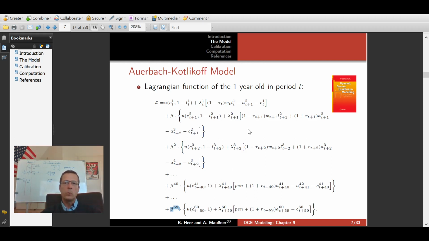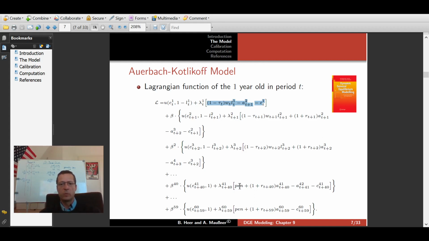Now, in each period, we also have a budget constraint, and the Lagrange multiplier of this budget constraint is denoted by lambda s,t for the s-year-old in period t, and you can simply find the budget constraints here in the rectangular brackets. So for the young households, it's net wage plus savings, and of course the 1-year-old has no savings, is allocated to next period wealth and consumption.